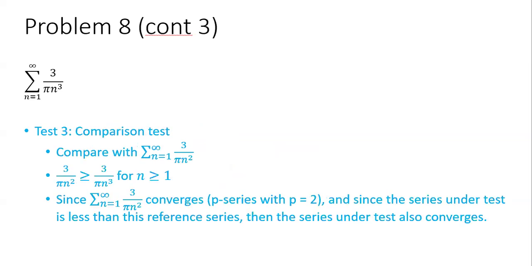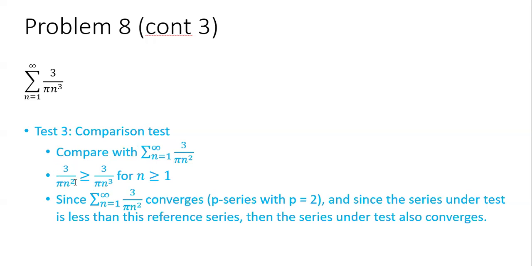We can also do a comparison test. Hopefully you would agree that 3 over pi n squared is greater than or equal to 3 over pi n cubed. Our series is on the right-hand side. Just imagine as n is growing, you're dividing by something smaller over here versus over here, because n squared is not growing as fast as n cubed, right?